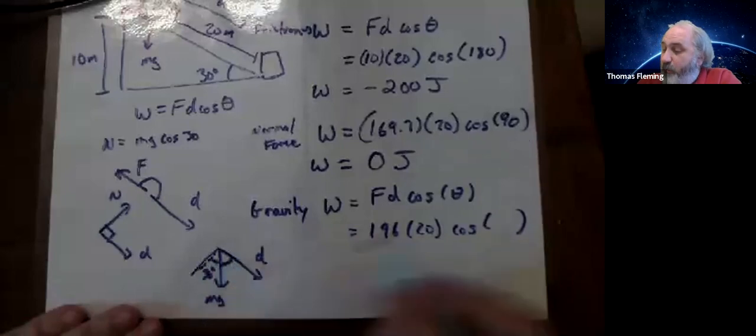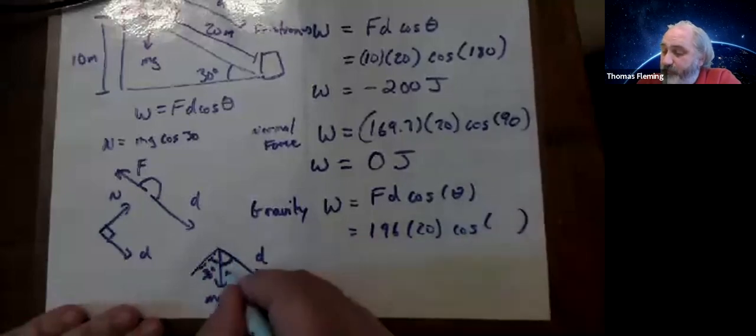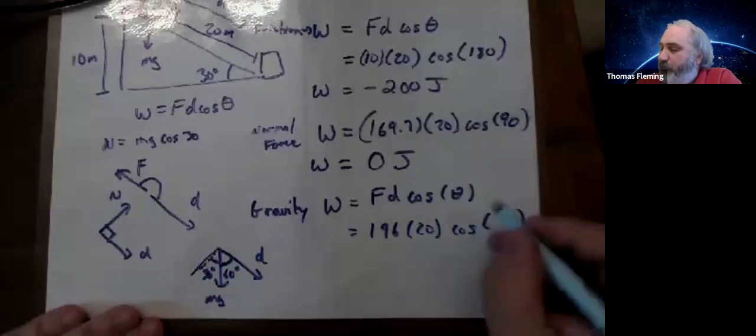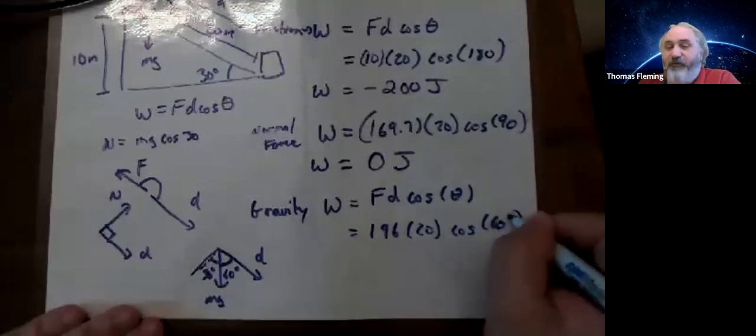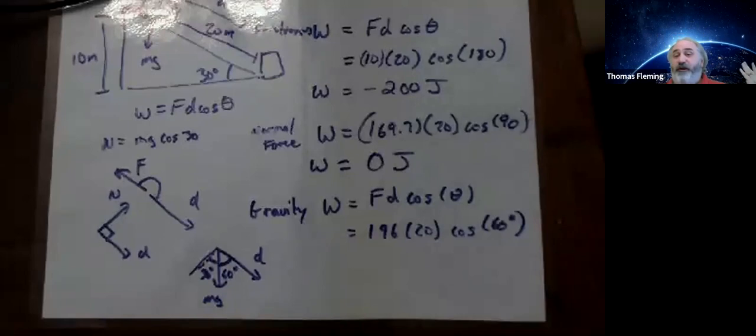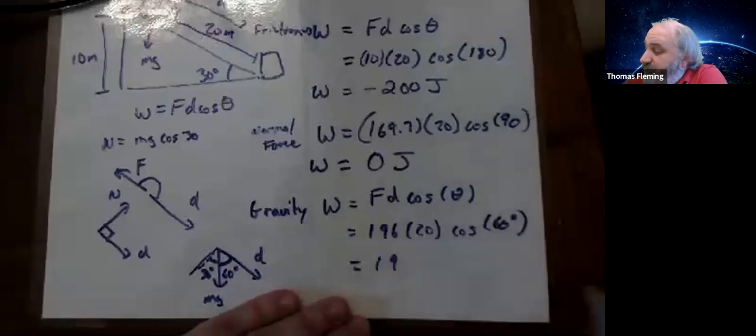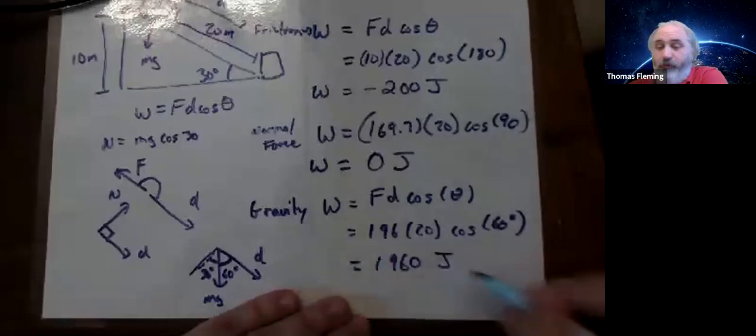This angle right here, which is the theta that I want, has to be 60. So I would do cosine of 60. So again, it wasn't 30 degrees. 30 degrees didn't matter. And so now, what's the cosine of 60? It's a half. So that's going to be, I don't know if I can get my calculator out. That's stupid. I do it in my head. That's going to be 1,960 joules.